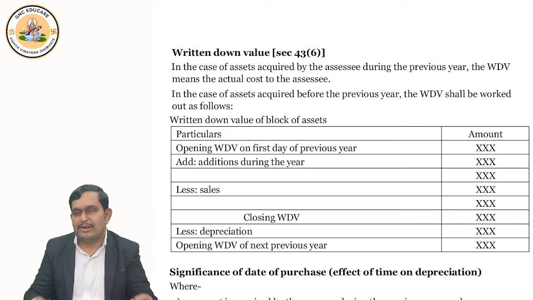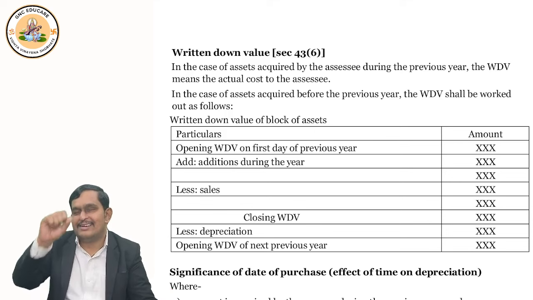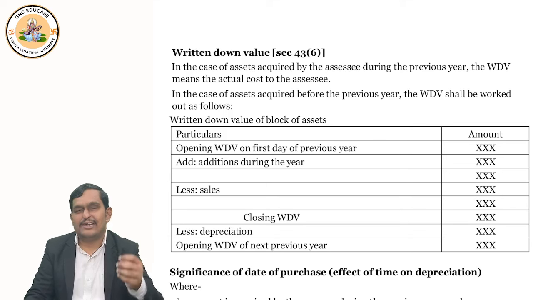And from that closing WDV minus depreciation, we'll get opening WDV for next year. Like that, if you try to act like a kid, try to remember the topic, then you'll easily remember the topic. And when you shout it loud when you study, the chances of memorizing increases.